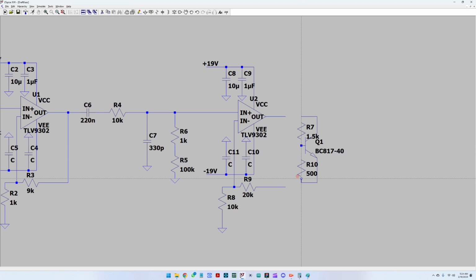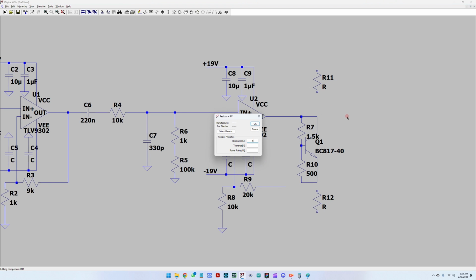Okay, and so the biasing's main role is to keep the transistors open. This is their main role. Always keep the end stage open. Okay, and we would need some resistors here, just so that this phase goes to the correct voltage level. So here let's put a 4.7 kilo ohm.